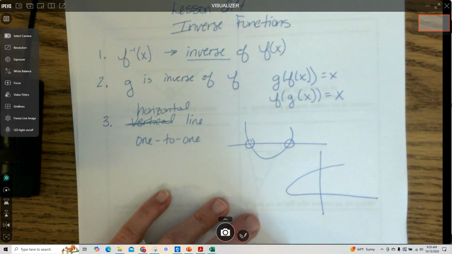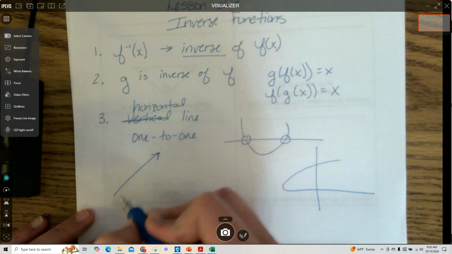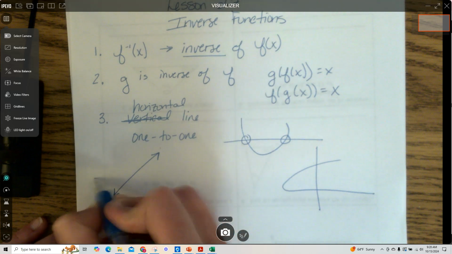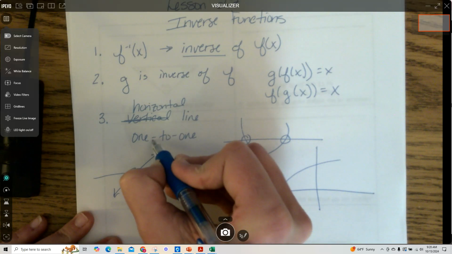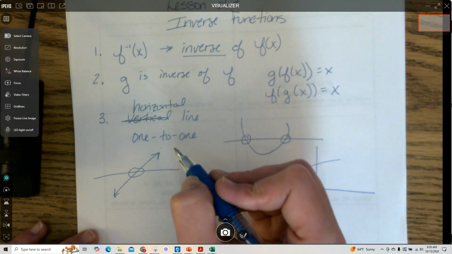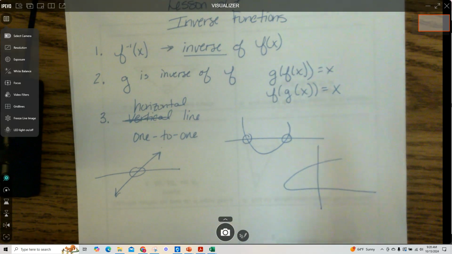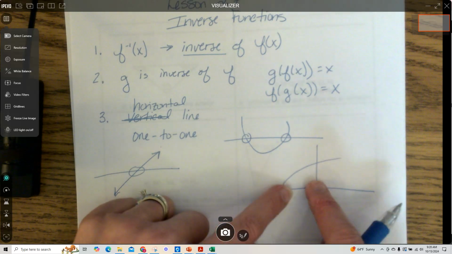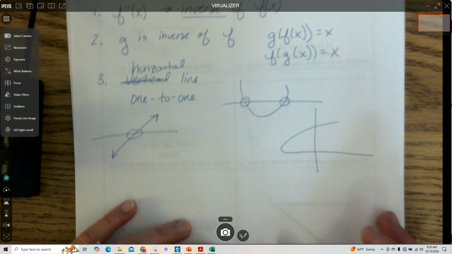But a linear function only touches the horizontal line in one place, so it is one-to-one. The original and the inverse are both functions. The original can be a function and the inverse not, and vice versa too.